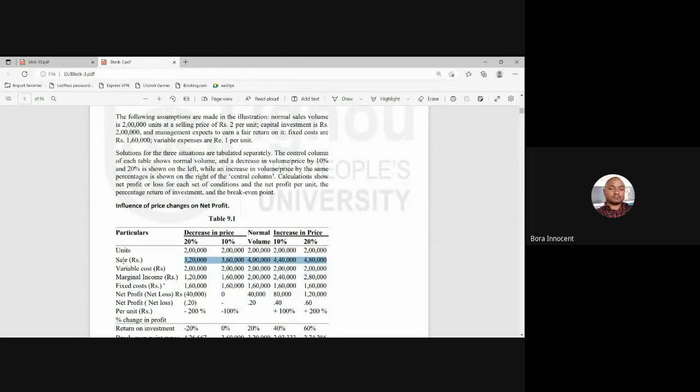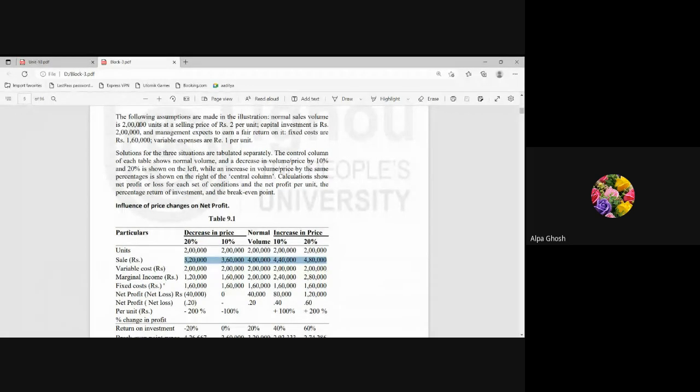Sales is calculated on the number of units that is produced. You can see in the question what is written: normal sales volume. Volume is what? Units. Volume is the quantity. So how many units are you producing or selling?